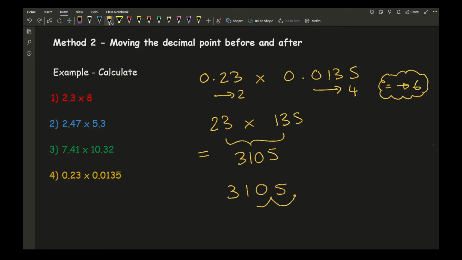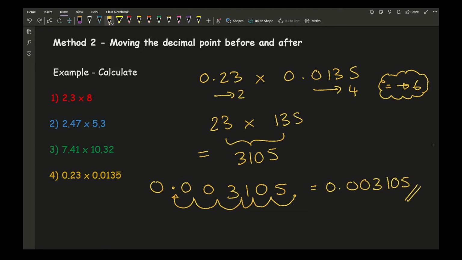That's 1, 2, 3, 4, 5, 6. So this is where the decimal point is going to go, and what I do is fill out the empty spaces with zeros, and that does give me the correct answer of 0.003105, and there is my final answer.